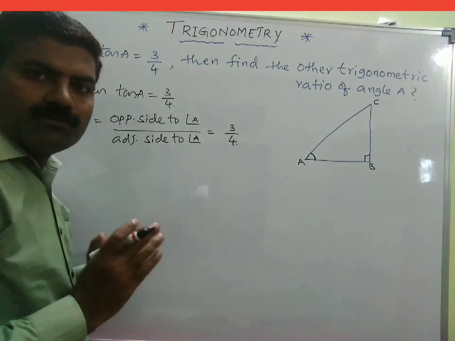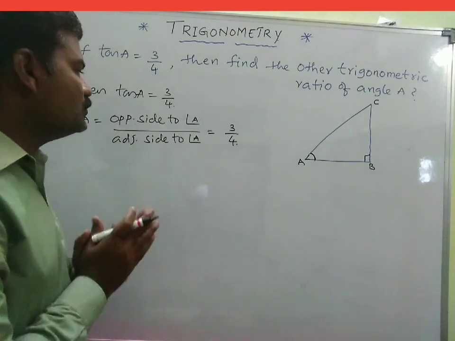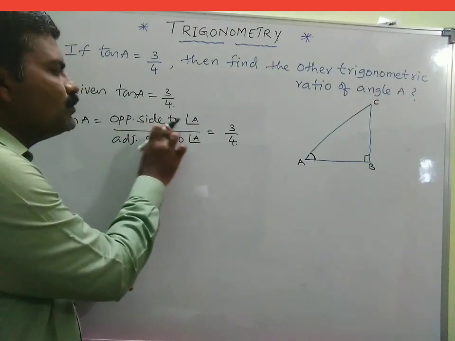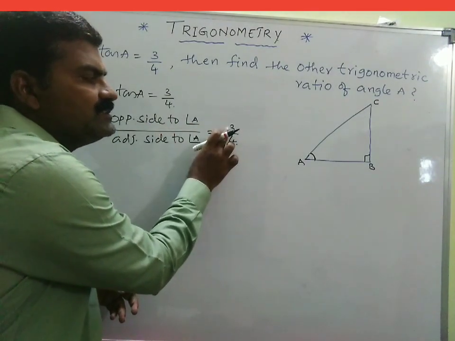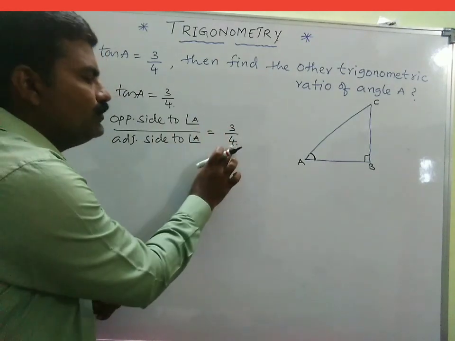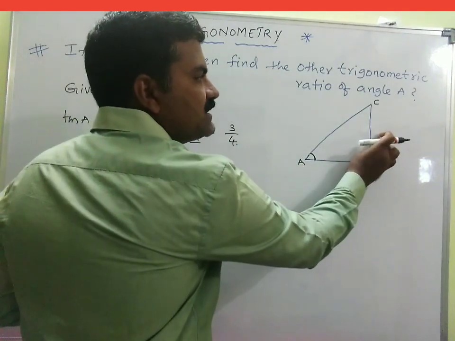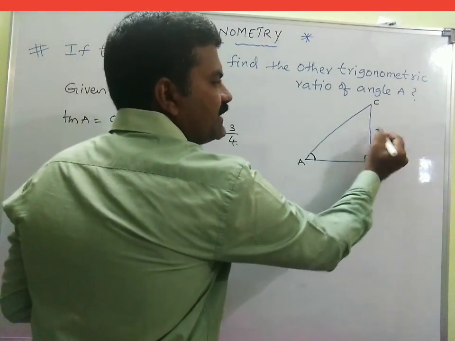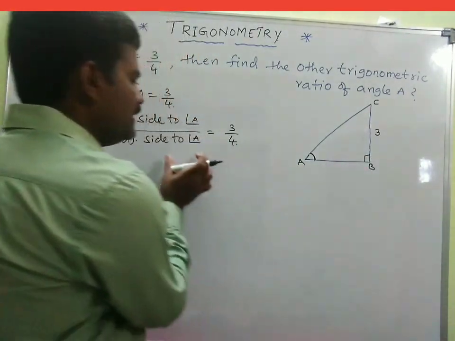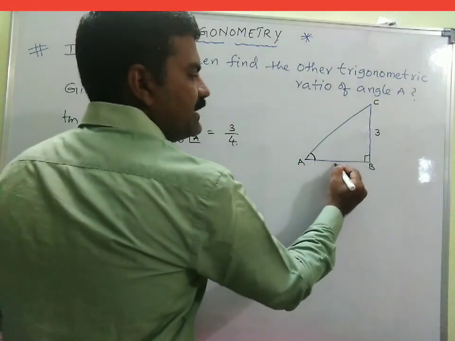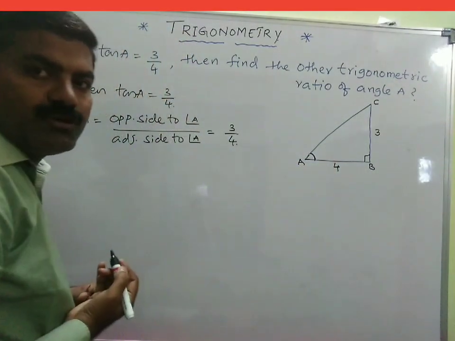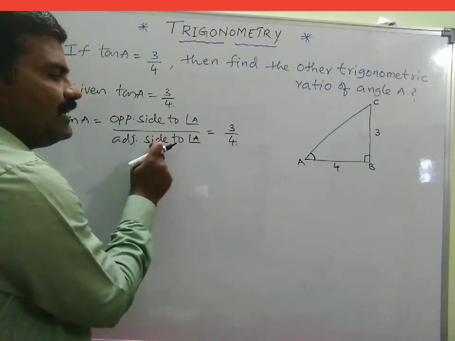Please note that most of the students, you know what they will do, because of this, they may think that 3 is the opposite side and 4 is the adjacent side. Hence to angle A, opposite side is BC, so they may write 3 here, and the adjacent side is nothing but AB, hence they may write 4 here. Do you understand?